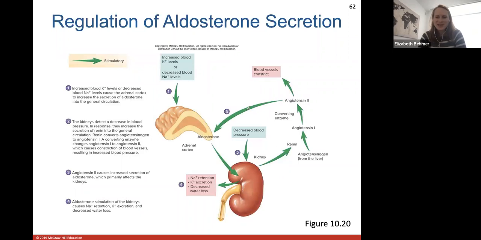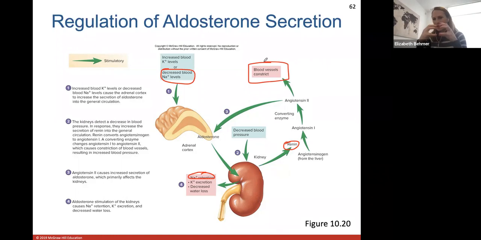Here we have regulation of aldosterone secretion. Let's say we have a decreased level of sodium, that will tell your adrenal cortex to secrete aldosterone, and aldosterone in turn will try to retain more sodium and decrease water loss. What also happens is your kidneys will secrete their own hormone called renin, which acts on angiotensinogen to be converted to angiotensin II that will also constrict blood vessels.